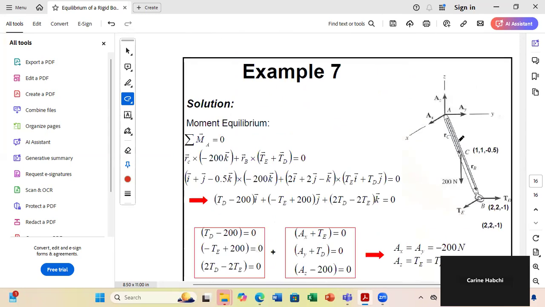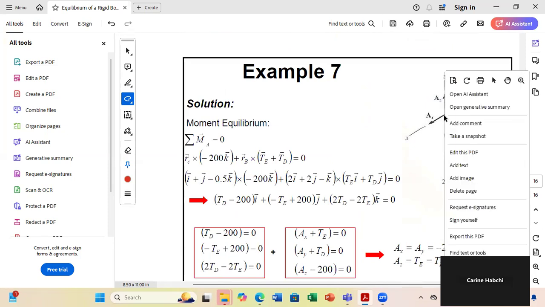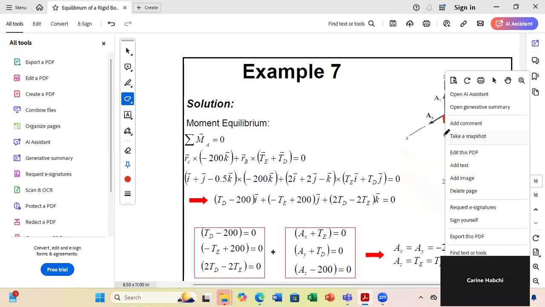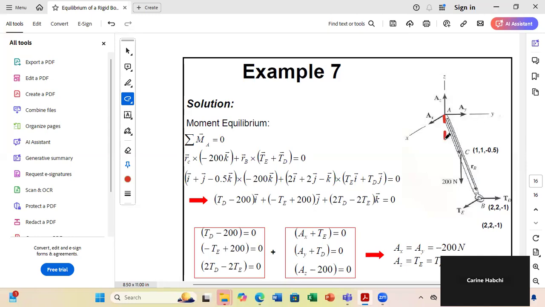For example, if you want to get the moment of the weight using the right-hand rule, you say this is z-axis. The 200 Newton force is parallel to it, no moment. Now, if I extend the line of the weight, it will intersect the plane XY in a point.